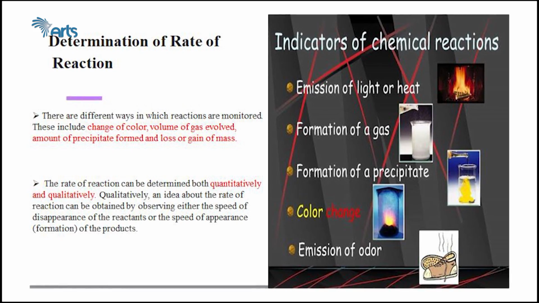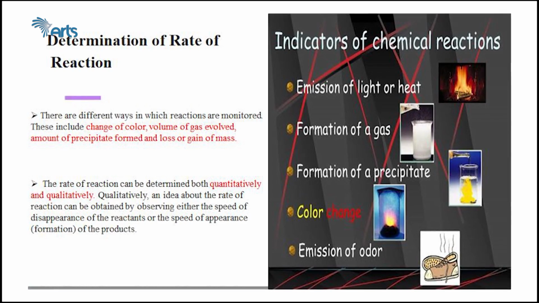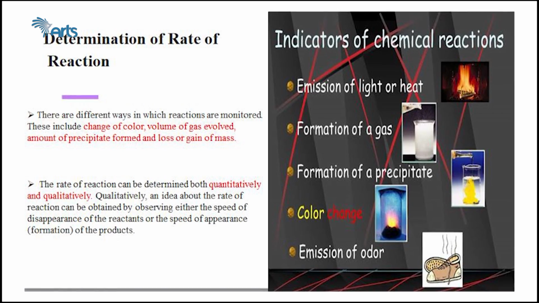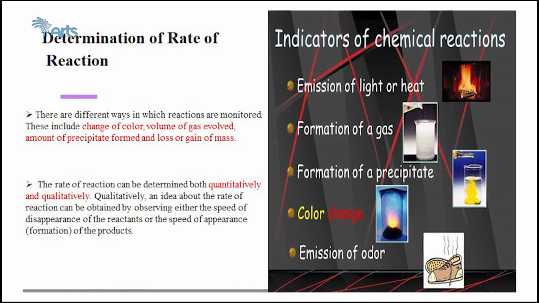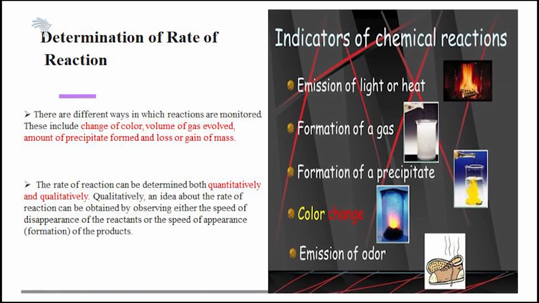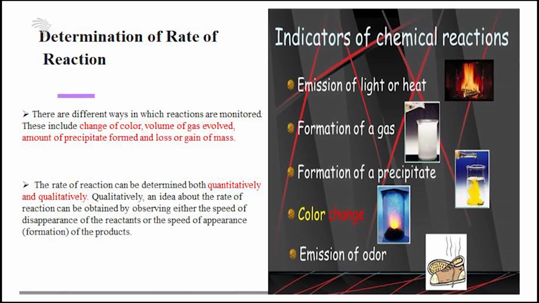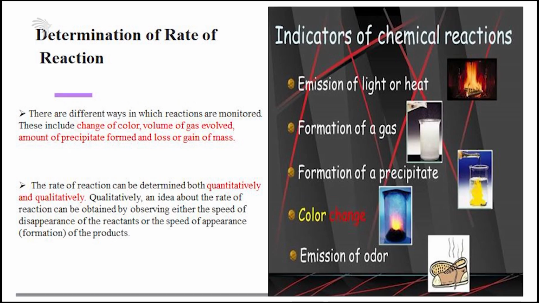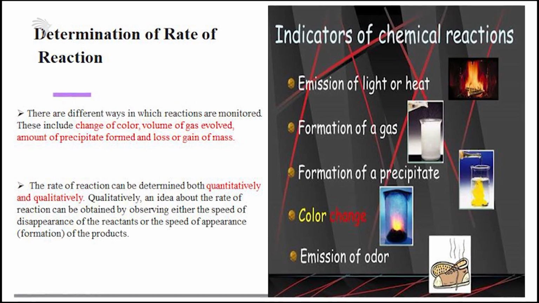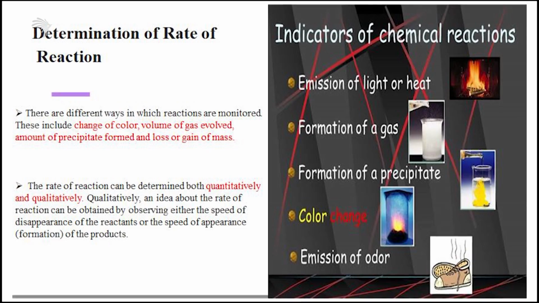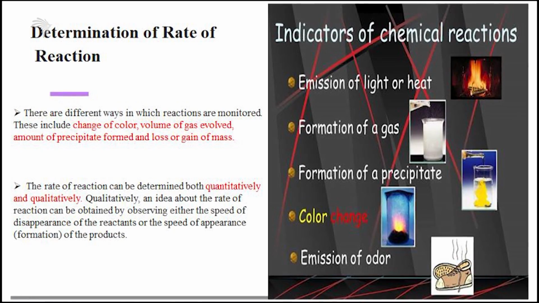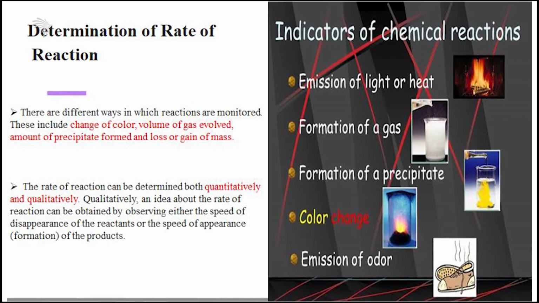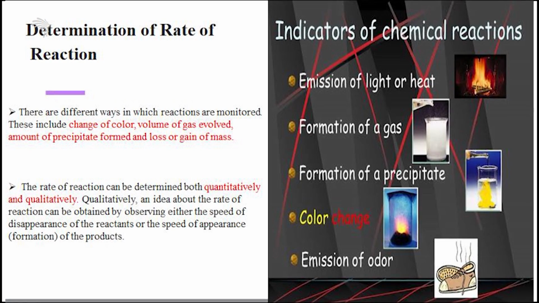Sometimes after we commingle or mix two chemicals, we may see solid substances right under the test tube. Those solid particles that are vividly seen at the bottom of a test tube can simply be referred to as precipitation. So whenever we see precipitation formation, then we can again say that a particular chemical reaction has already taken place.